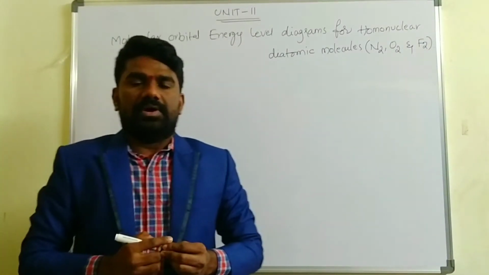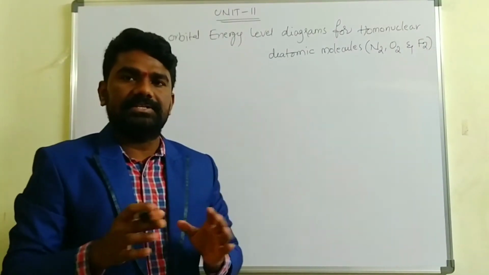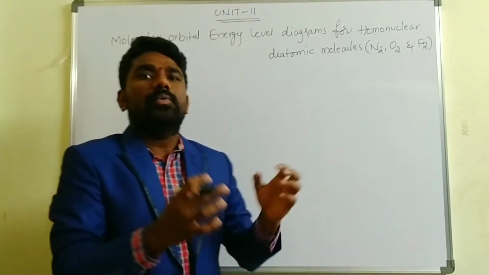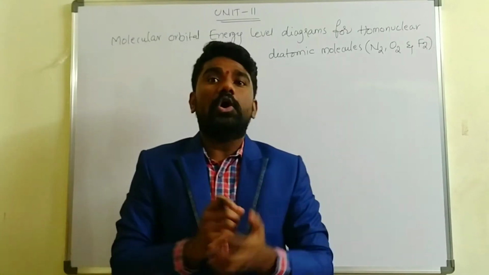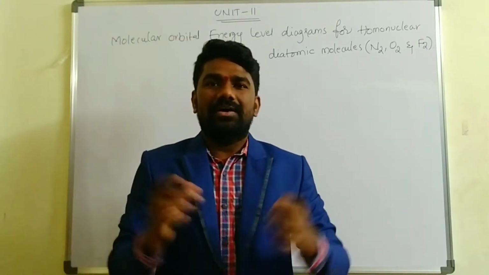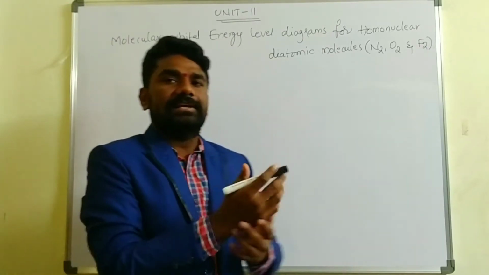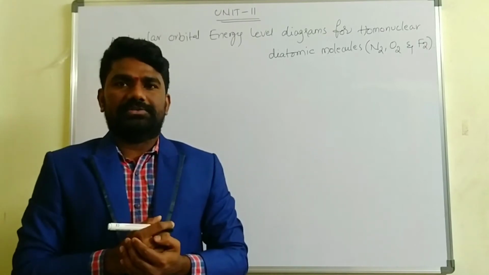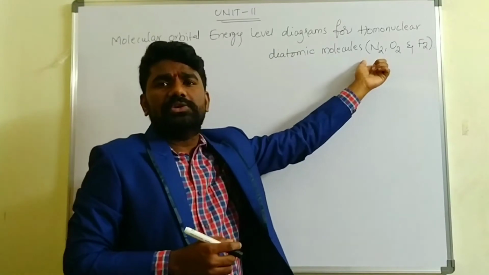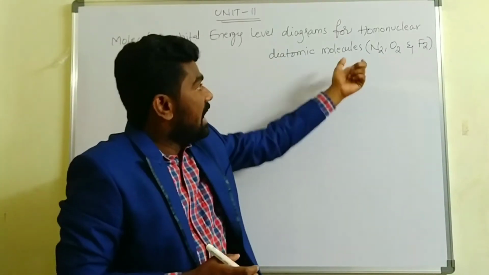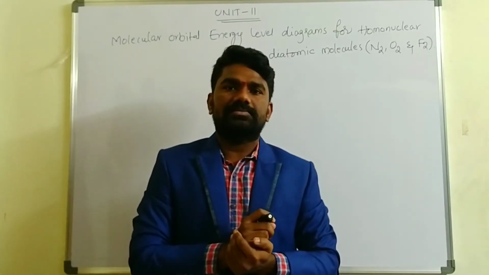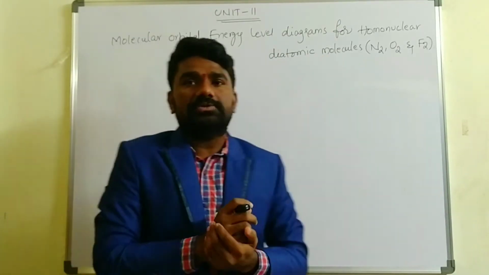We discussed in the earlier class how molecular orbitals form due to the overlapping of atomic orbitals, due to combining the atomic orbitals, then we get the molecular orbitals, isn't it? So what happens here in the N2 molecule? There we have two nitrogen atoms.